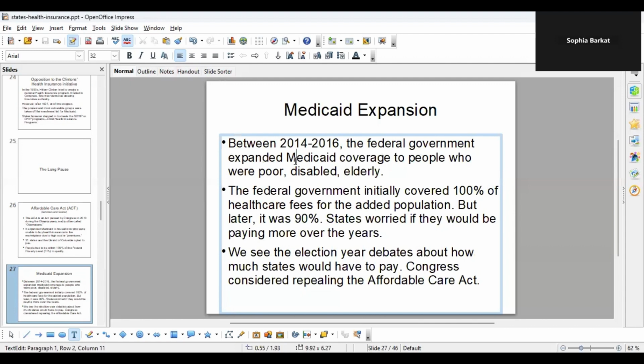So states worried if they would be paying more over the years. We see the election year debates about how much states would have to pay. Congress considered repealing the Affordable Care Act, and you see the Republican senators and congressmen who were running for re-election talking about Obamacare being a major disaster.